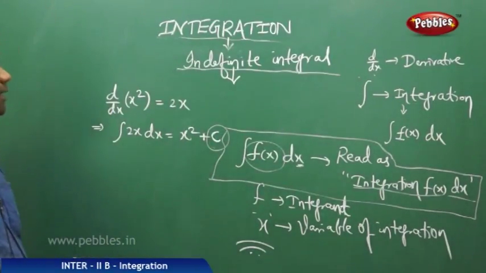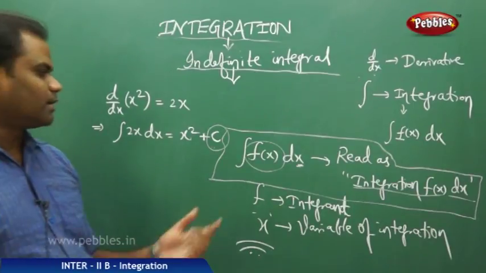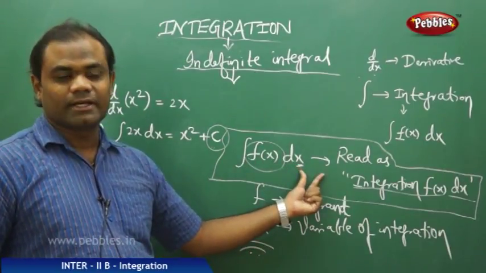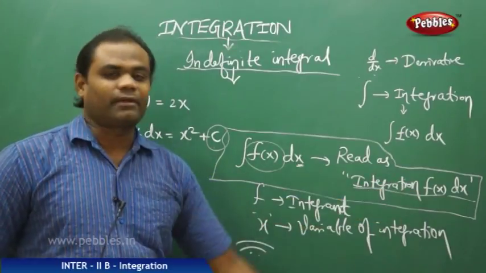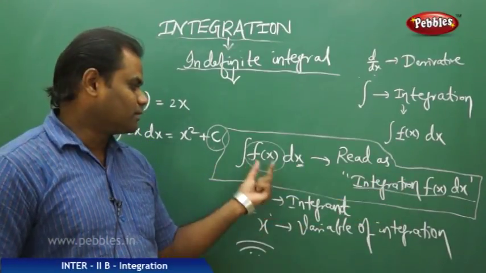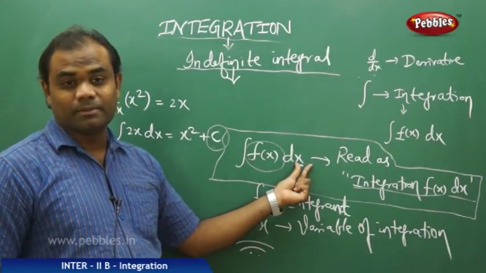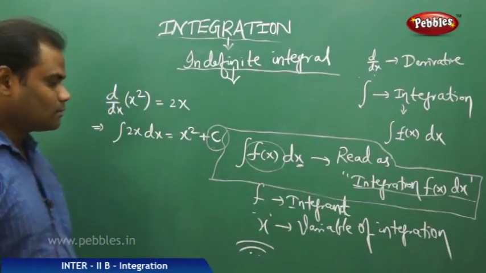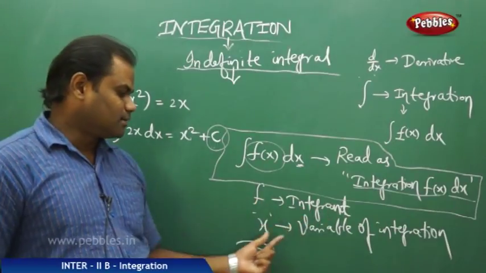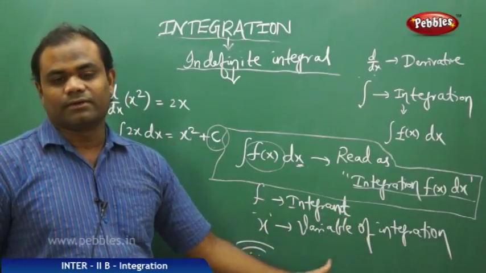So therefore, the indefinite integral is denoted by integral of f of x dx, read as integration f of x dx, where f of x is the function which is being integrated with respect to the variable x, f is the integrand, and x is the variable of integration.